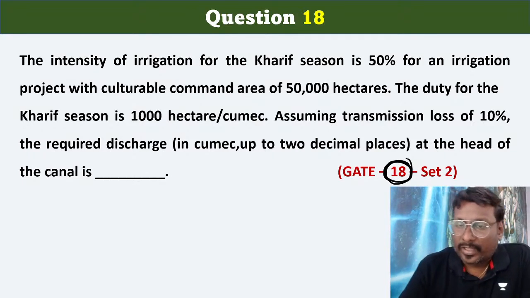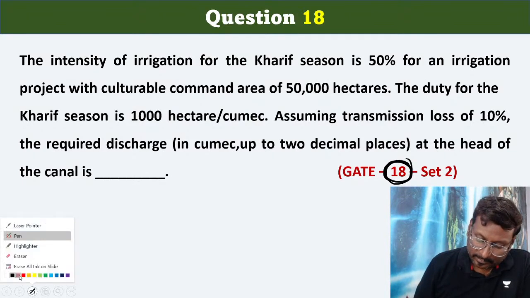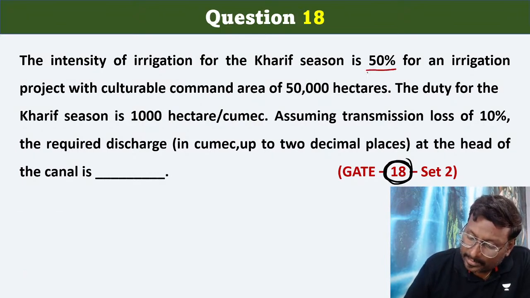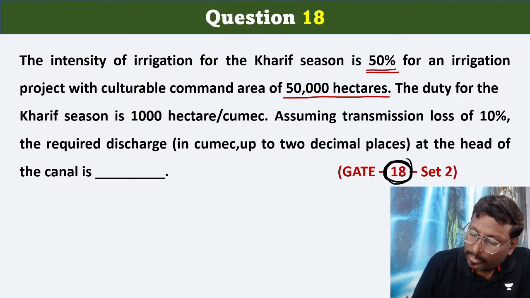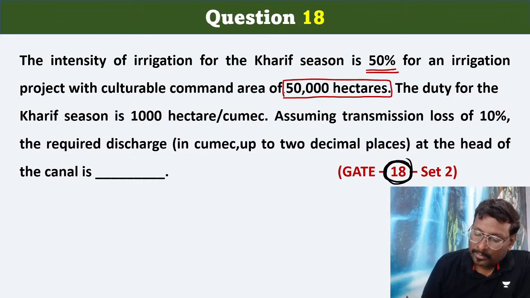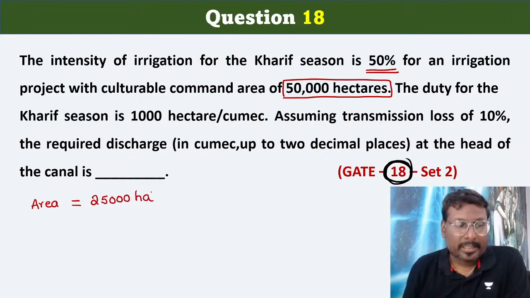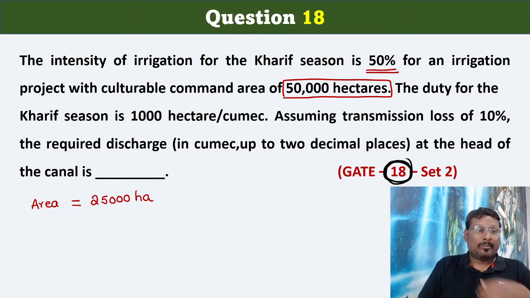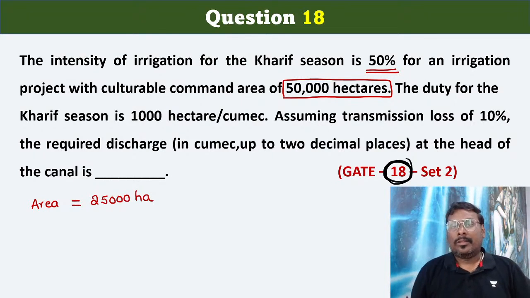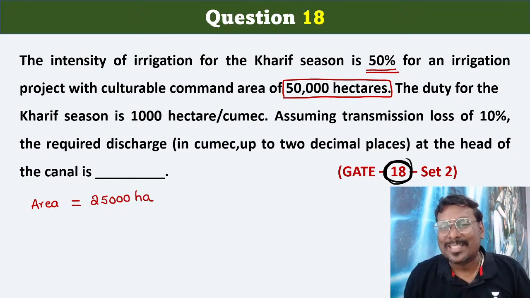Intensity of irrigation for Kharif season 50% of cultivable area. So what is area? 50% of 50,000, 25,000 hectare.